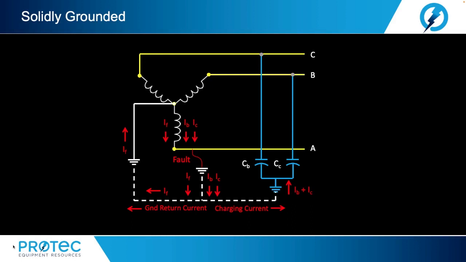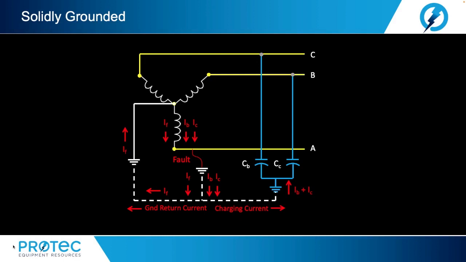Now, consider a system having three phases, A, B, and C, shown in the figure. If a single ground fault occurs in phase A, the voltage of the phase becomes zero. However, the remaining two phases, B and C, will still have the same voltages as before.